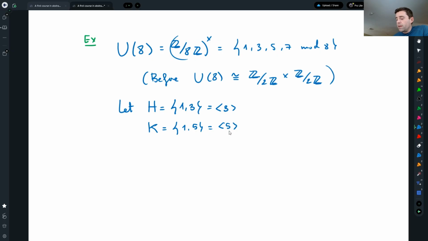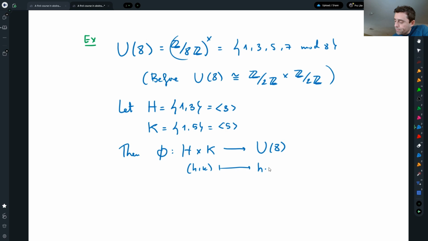And now I'm going to suggest there is an isomorphism from H cross K to U8 given by a pair (h, k) goes to h times k.